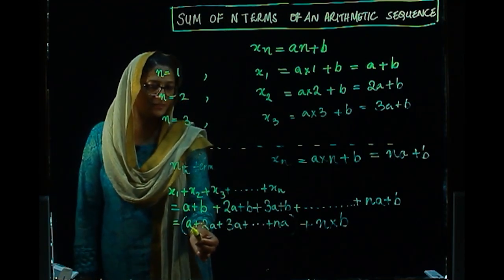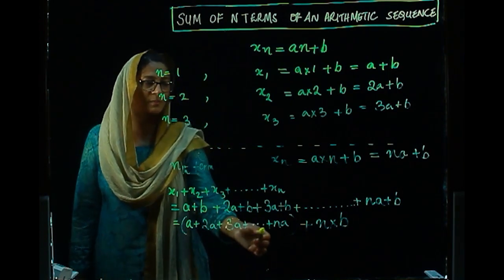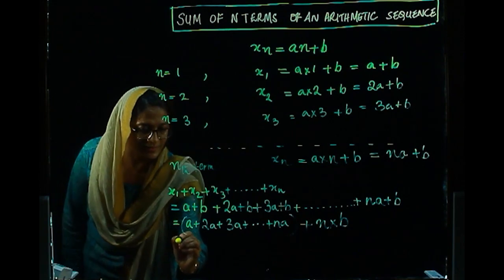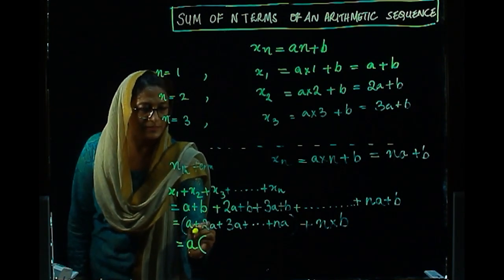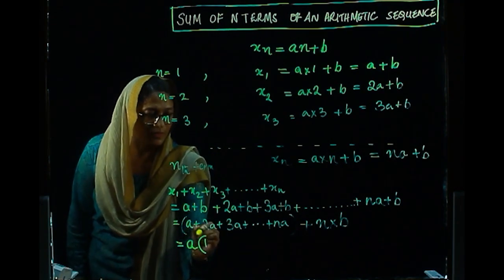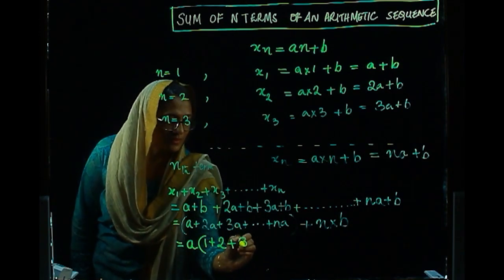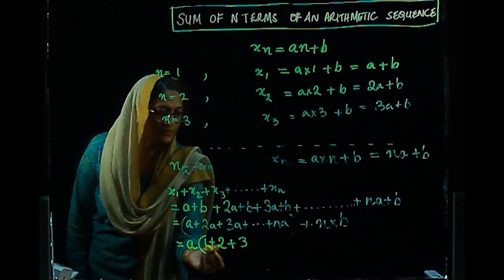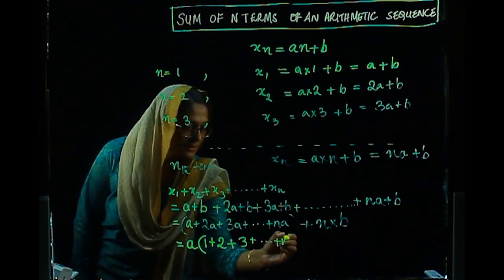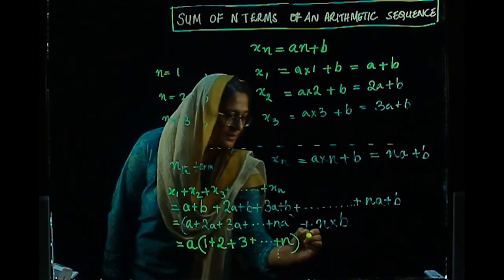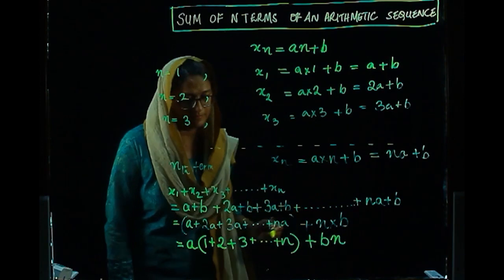Now let's look at the first part of the expression. In each term here, a is seen, which means that a is a common factor. Taking that a as common factor, in brackets we have 1 plus 2 plus 3 plus etc. plus n, plus n times b, so I will write it as bn.